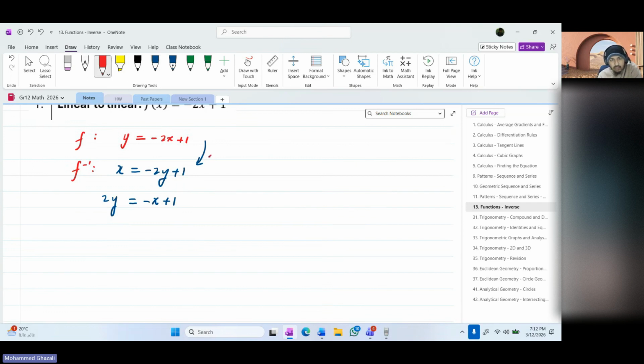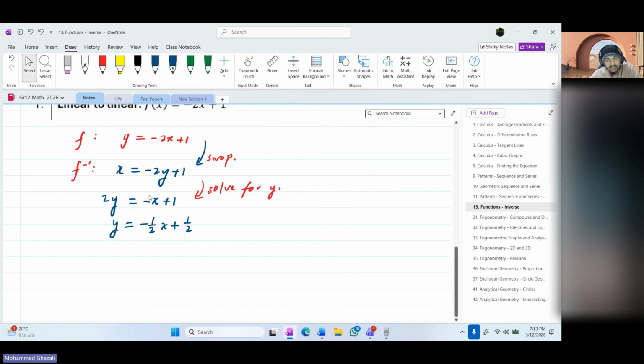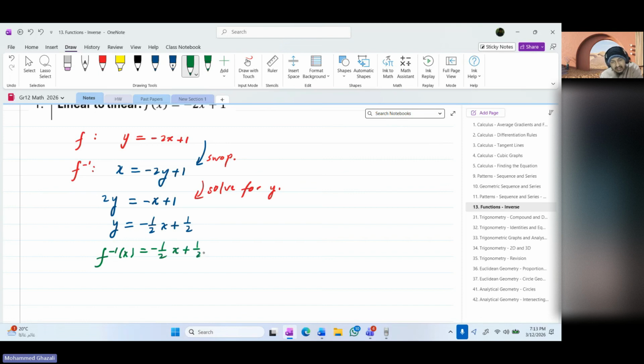So first step, swap, and second step, solve for y. Then y is equal to negative half x plus a half. That's the inverse. I can also write it as f inverse of x equals negative half x plus a half.